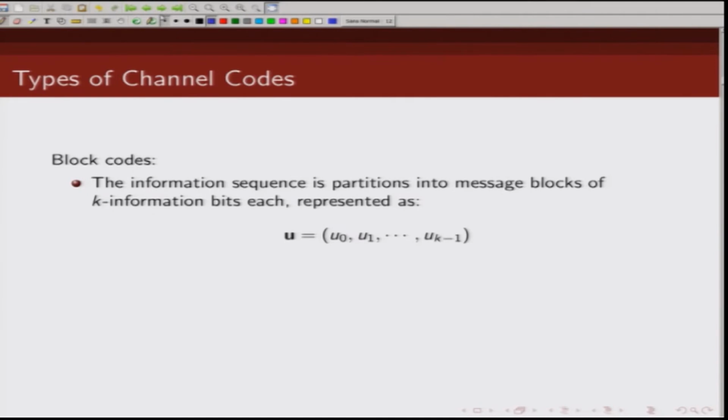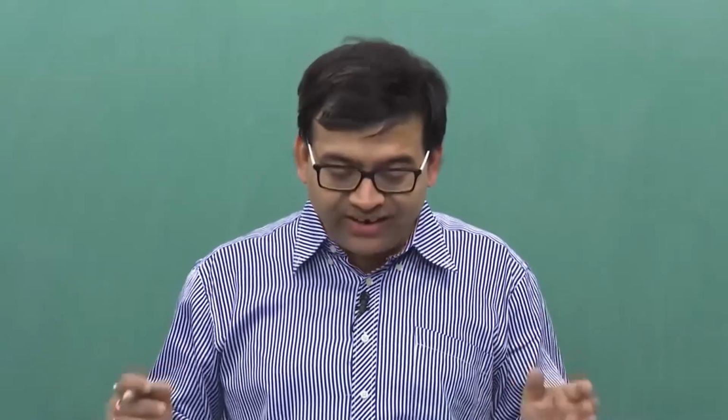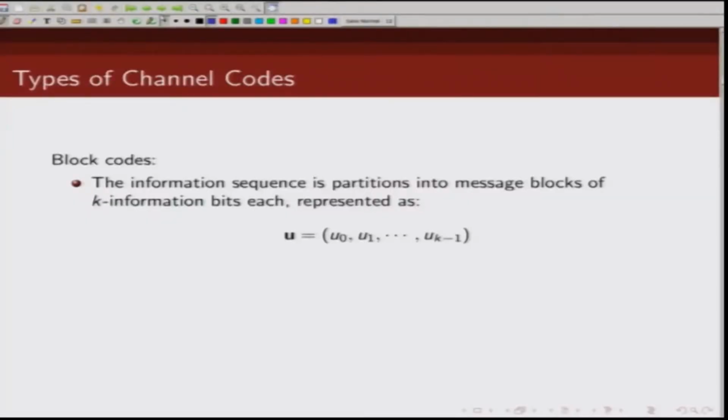So, we will start with block codes. As the name suggests, in block codes we take a block of k bits and map it to an n bit code word. Our information sequence is parsed into blocks of k bits, and we map each block of k bits to a block of n bits.